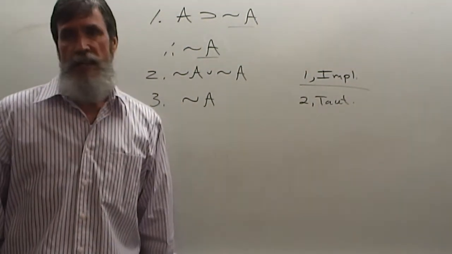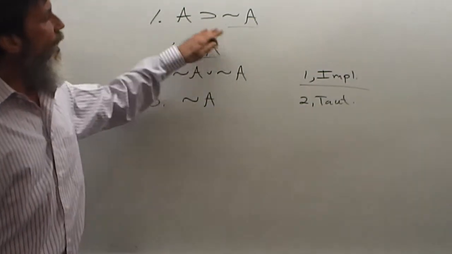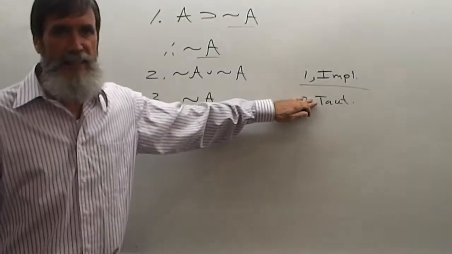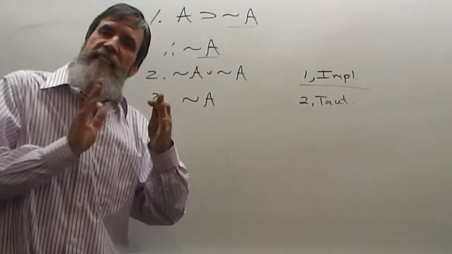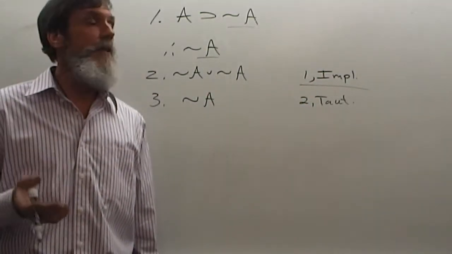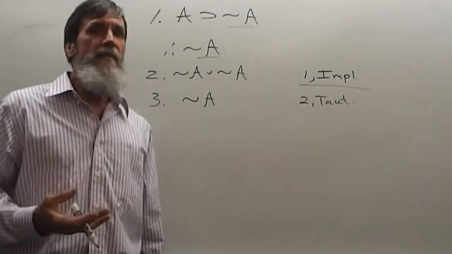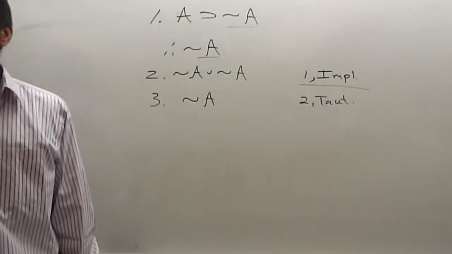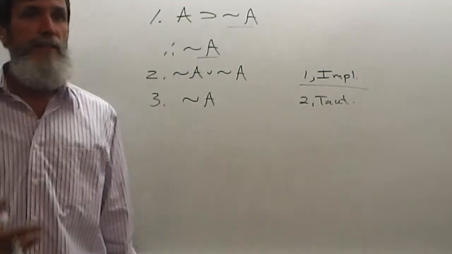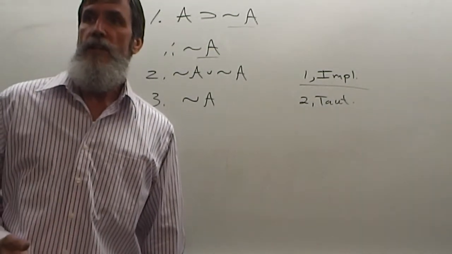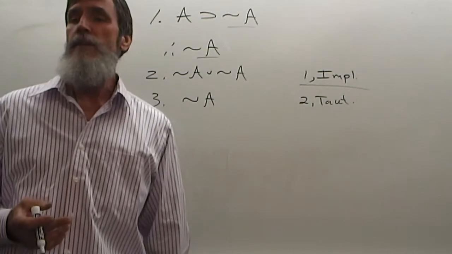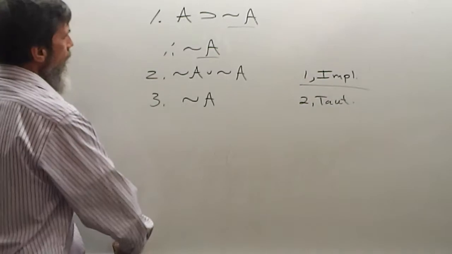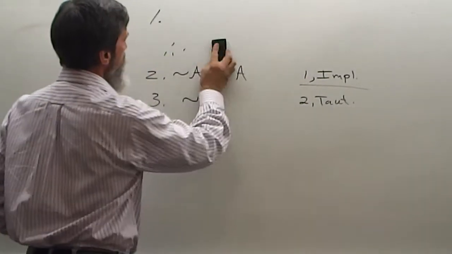Your numbering doesn't change. If you replace all of line 1, it's simply 1, in this case, implication. If I replaced a piece of line 1, it's just line 1. In other words, we don't have any way of indicating whether we replace an entire line or part of a line. It's just not within the means of our notation. You just refer to the line that was operated on and then the rule of replacement. Okay, questions about that one?